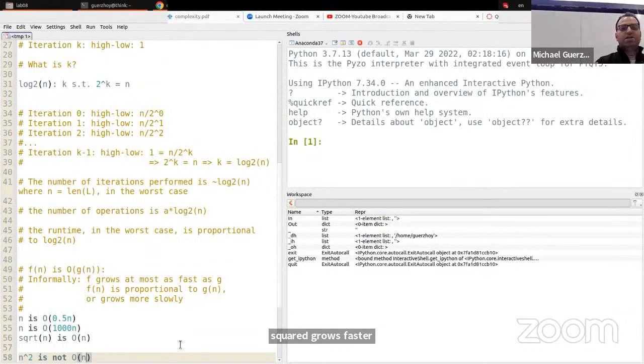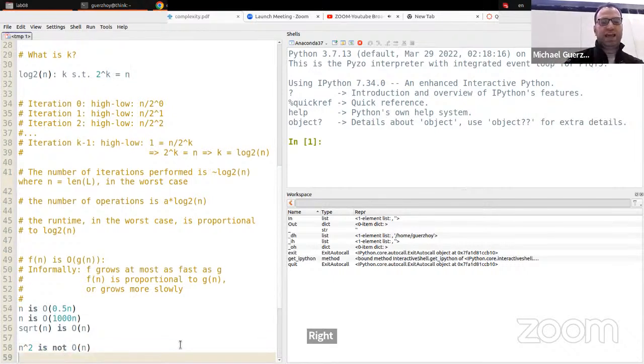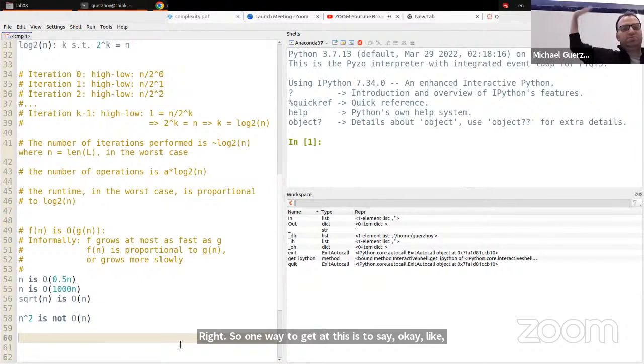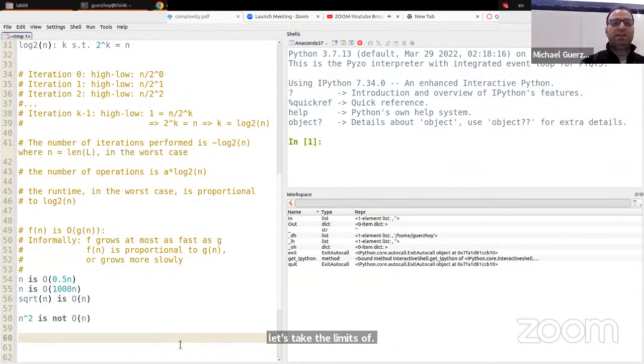So one way to get at this is to take the limit of the ratio. Let's compute the limit of f of n divided by g of n as n goes to infinity.